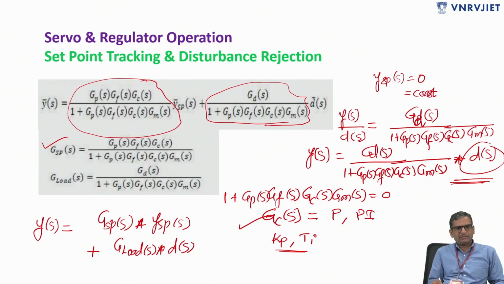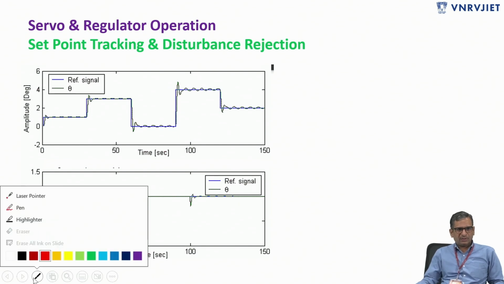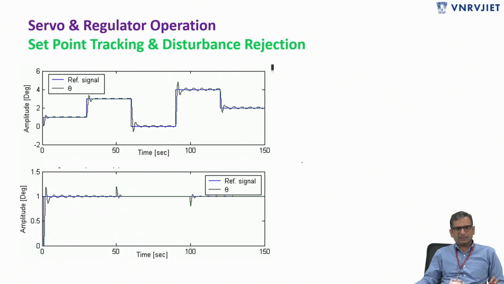So we'll see with an example how exactly we can study the effect of controllers for set point tracking as well as disturbance rejection performance. As I said earlier, we consider both cases.